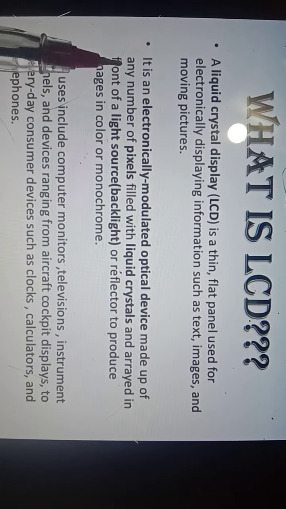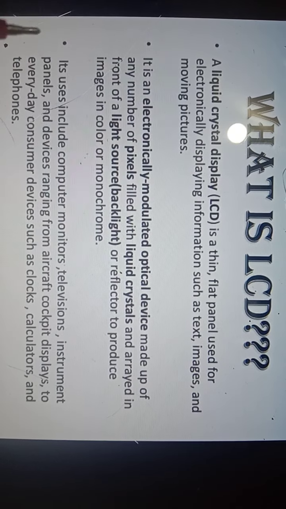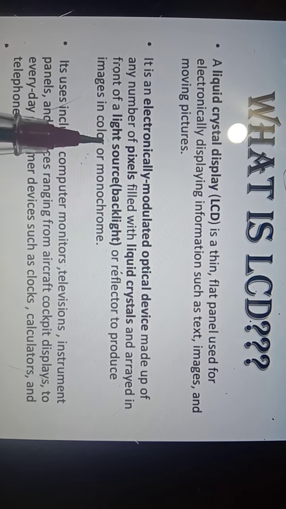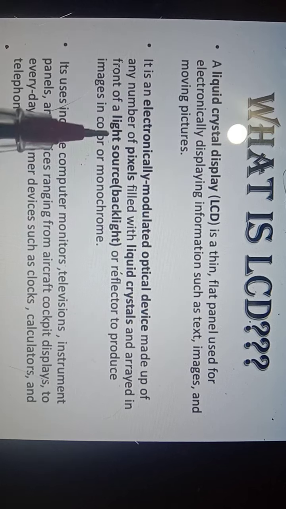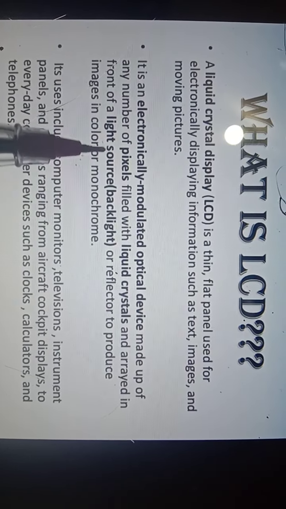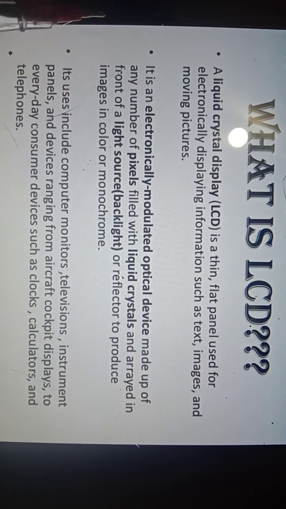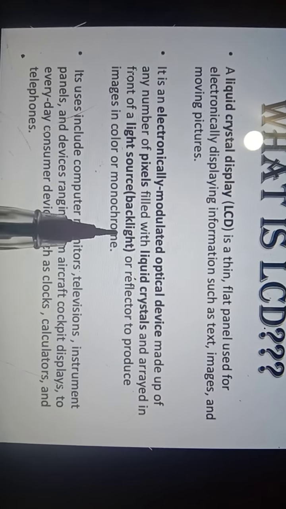It is made up of any number of pixels. Pixels, as we already know, are picture elements. By the combination of all these pixels, we can see HD, high density images, filled with liquid crystals and arrayed in front of a light source.